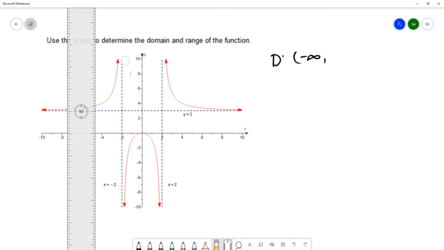So that vertical dashed line is right on -2, and there is no ordered pair on this graph that has an x value of -2. So I'm going to stop my domain at -2, and I'm going to put a parenthesis on -2 because -2 is not part of the graph and it's not part of the domain.